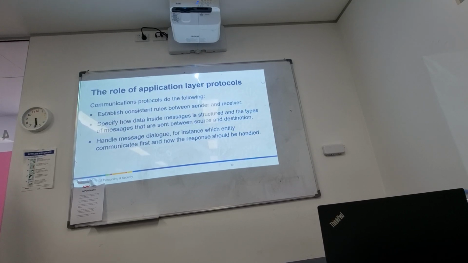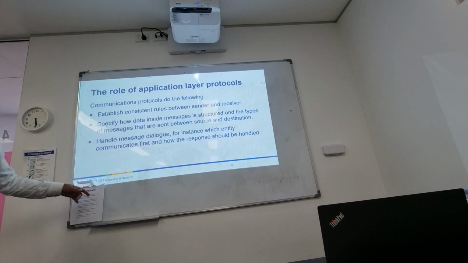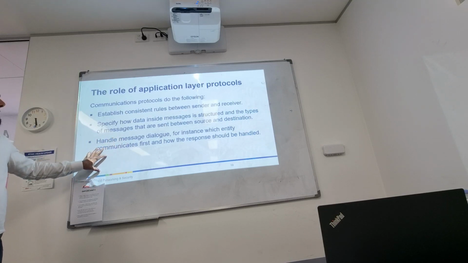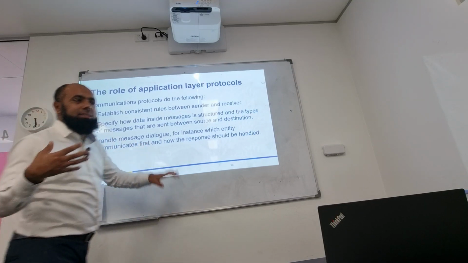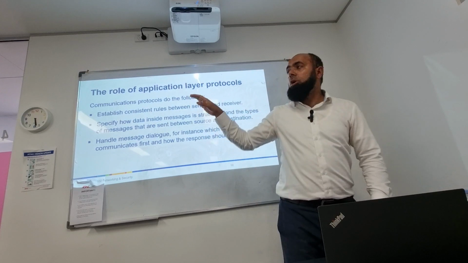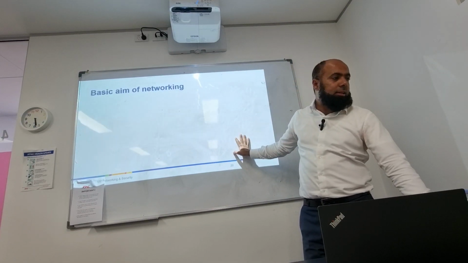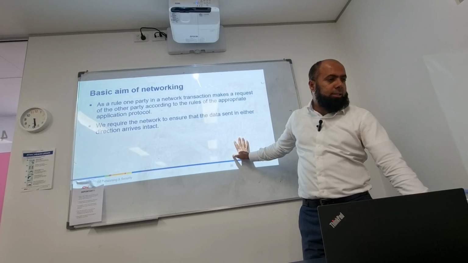If I speak English, it should be in some proper format, then you understand. If it's not like that, it's hard for you to understand. Then whatever message is sent, see how it is handled. So these are the roles of application layer protocols, the jobs done by the application layer protocol. We'll see one example on that.